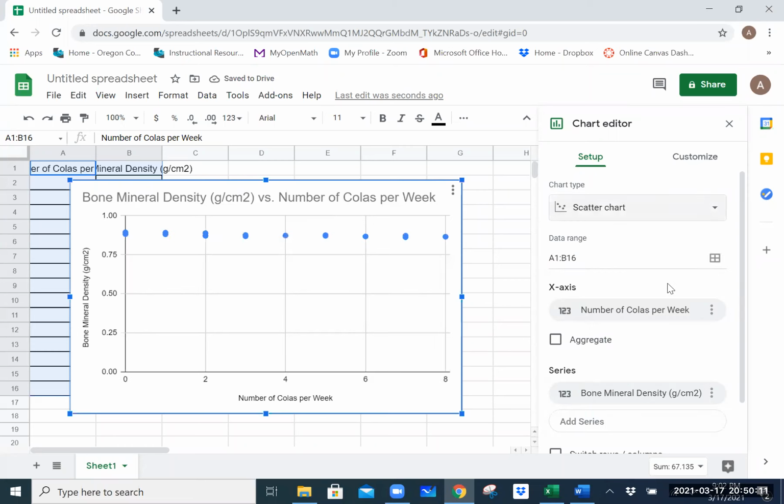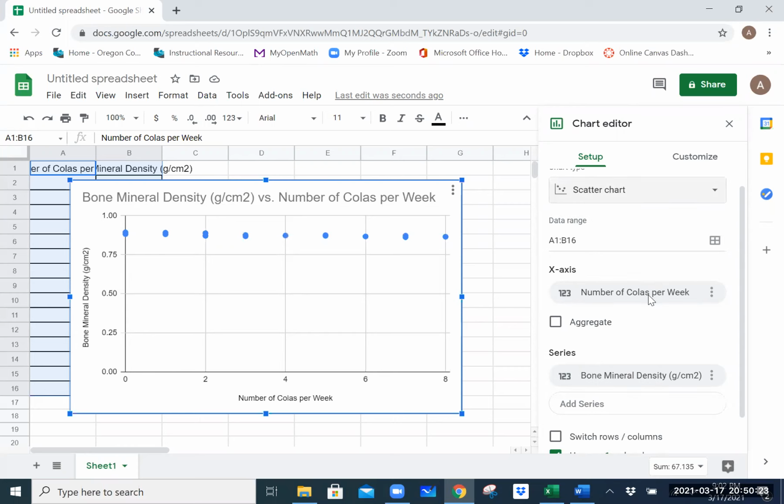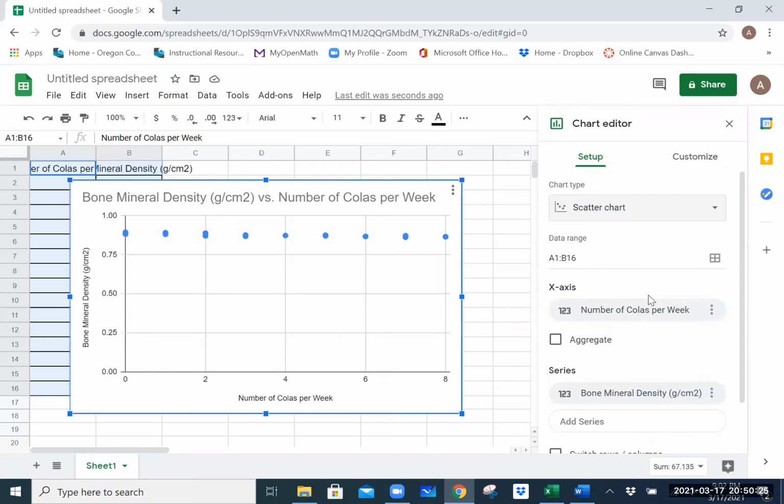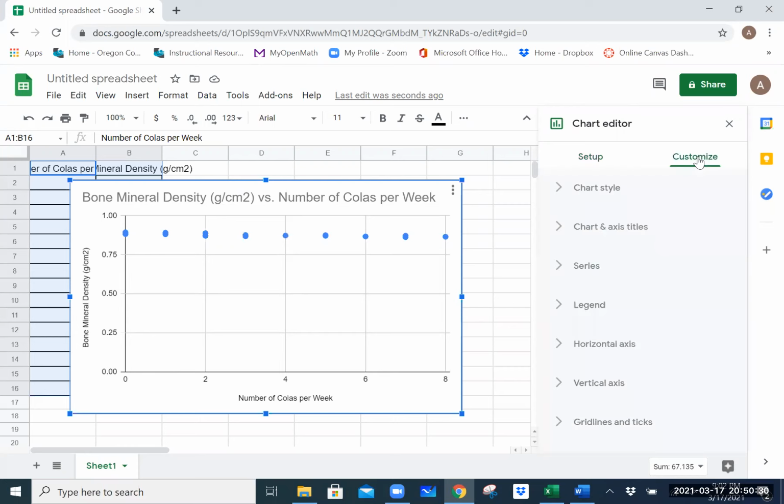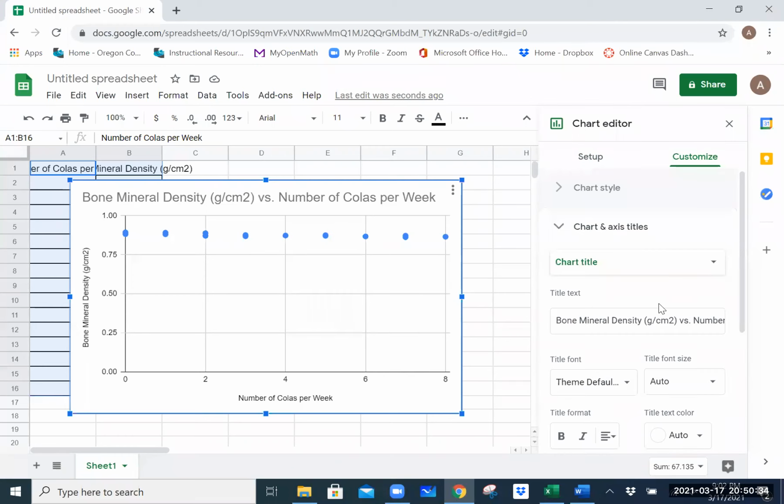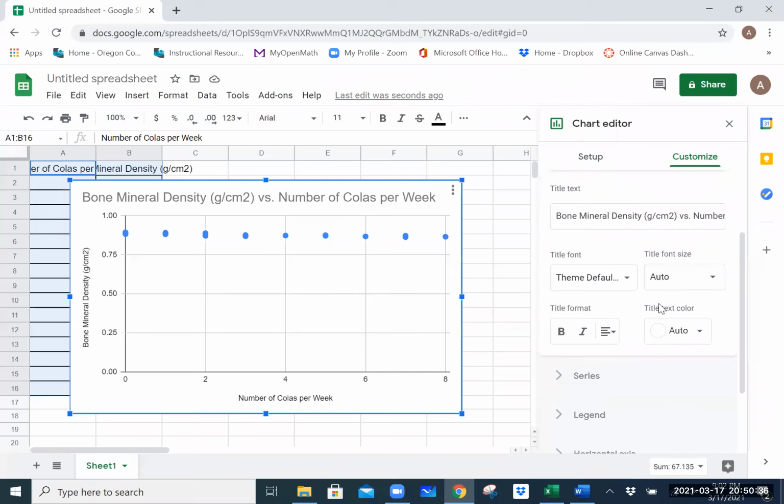All right, now notice that Google Sheets kind of automatically starts its y-axis at 0. But because all the data is grouped up, we may want to go ahead and change the y-axis. And let's see, I believe I can fix that. Here's where you could fix the axes labels, which Google did a great job on.